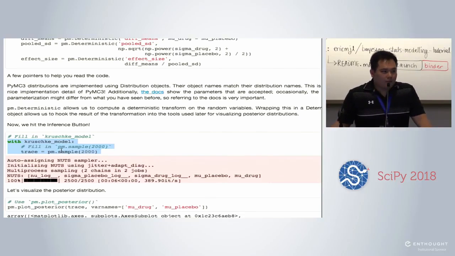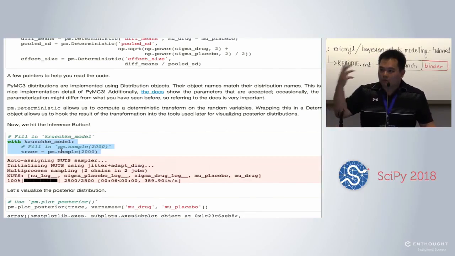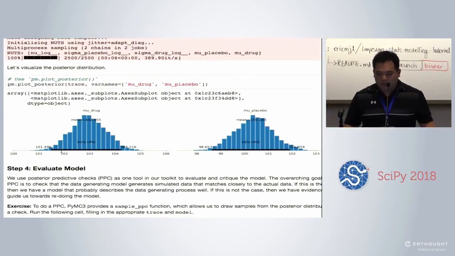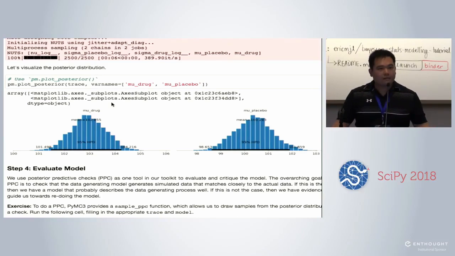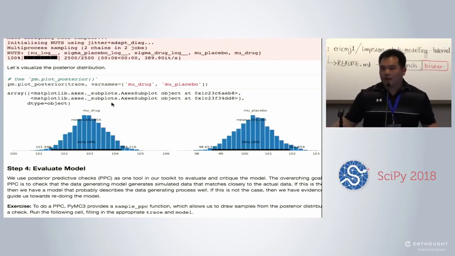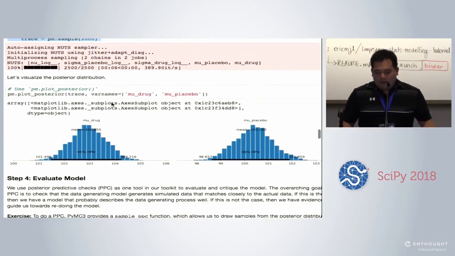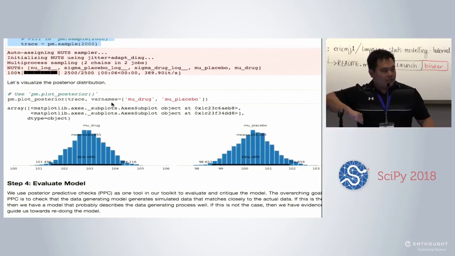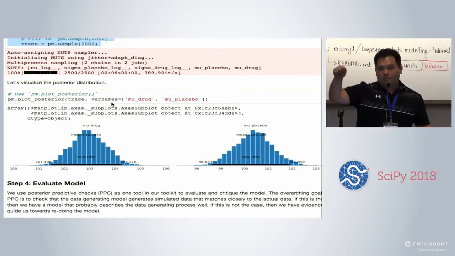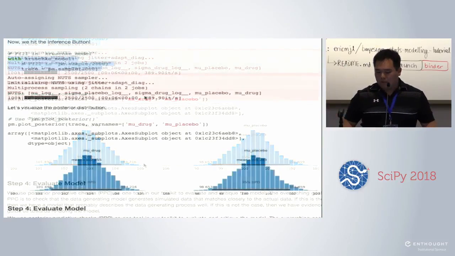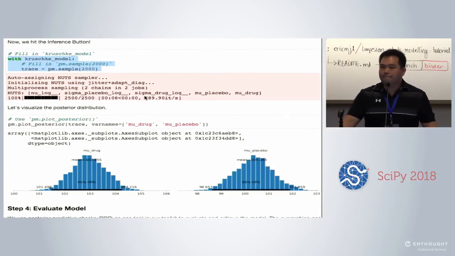With probabilistic programming, we've abstracted that away, and now we can sample from what the posterior distribution would look like. If you do plot posterior over here, you should get something like that. So go ahead, blue stickies down, and then put them back up when you hit this plot posterior thing.